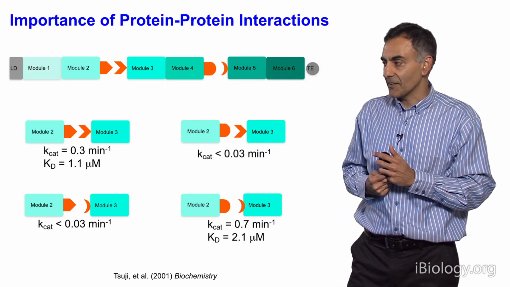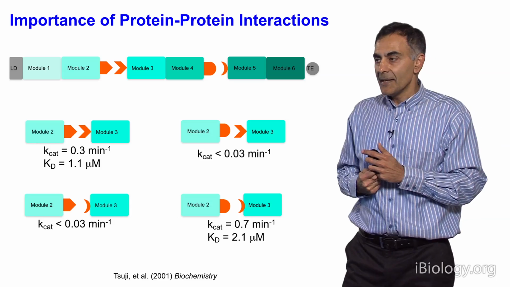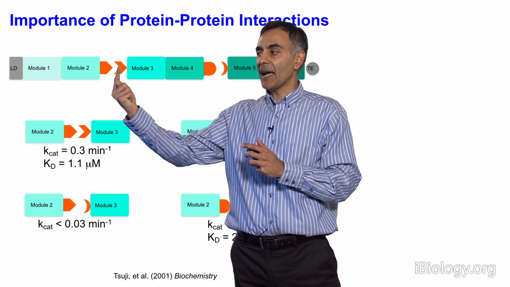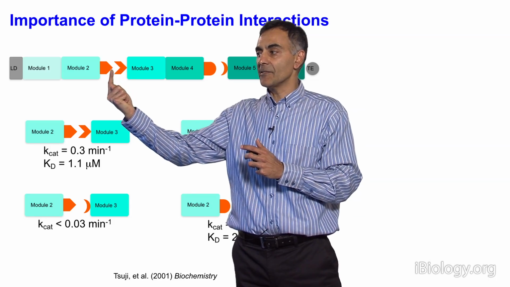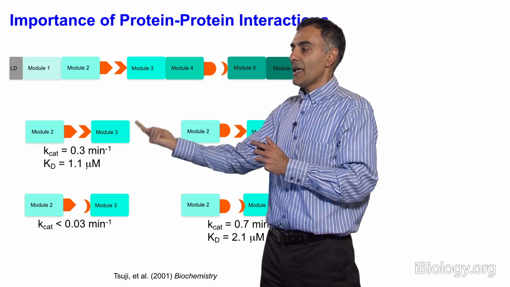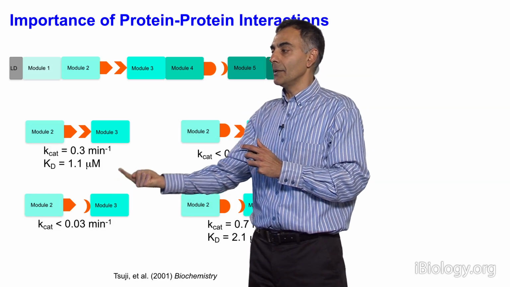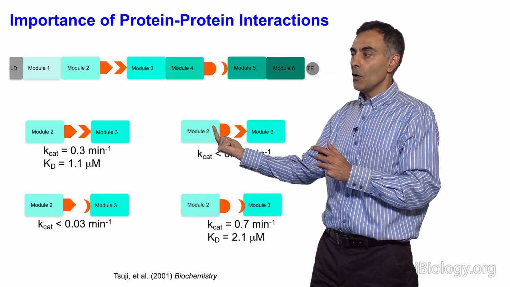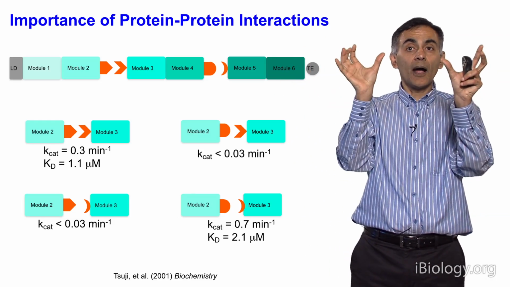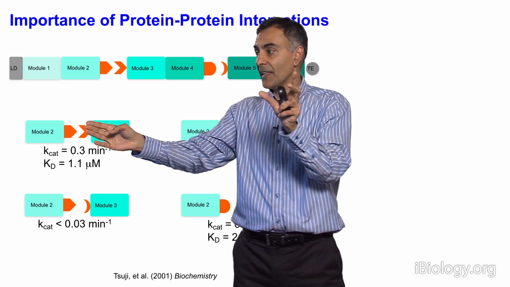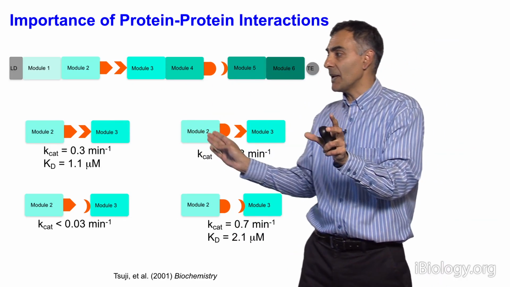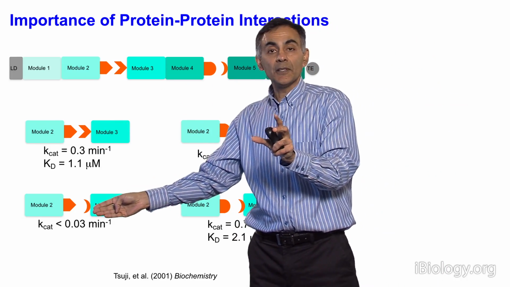Now he switches these short peptide linkers that flank these modules for their counterparts from this module. And if he switches just one of the two linkers, what he gets are two modules that by themselves are just as good catalysts as they were here. But when you put them together, they are simply unable to talk to each other.